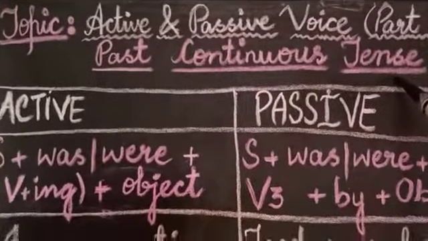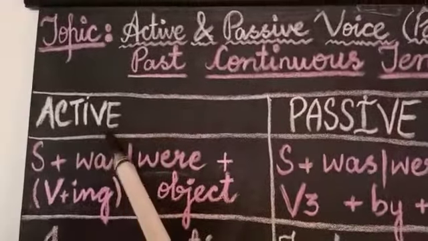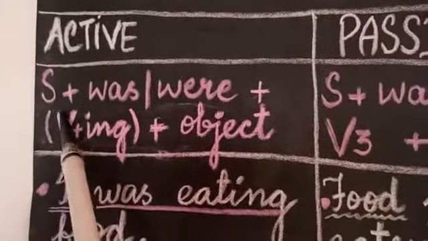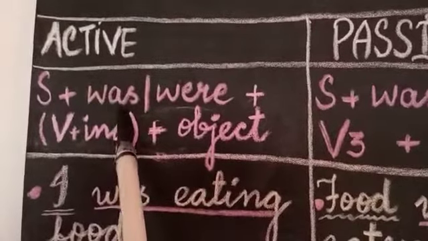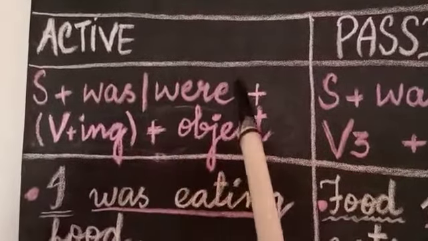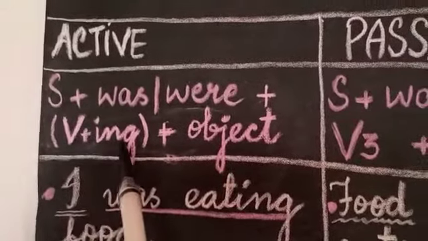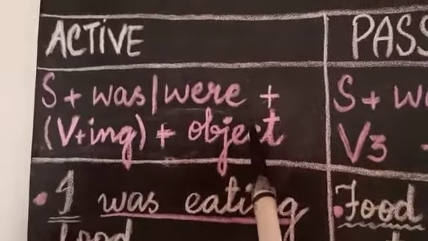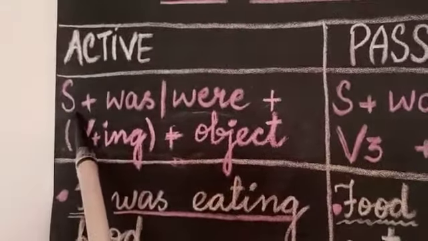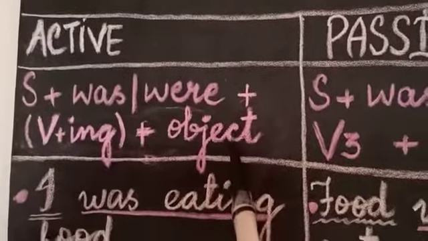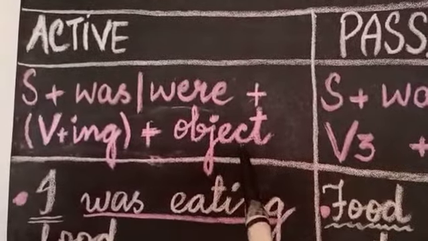And at that time you have learned the active structure for past continuous tense: subject, then helping verb was or were, plus the ing form of the verb, plus the object. Subject, you know, is the doer of the action or the one about whom we talk, and object is the one acted upon, or the receiver of the action.